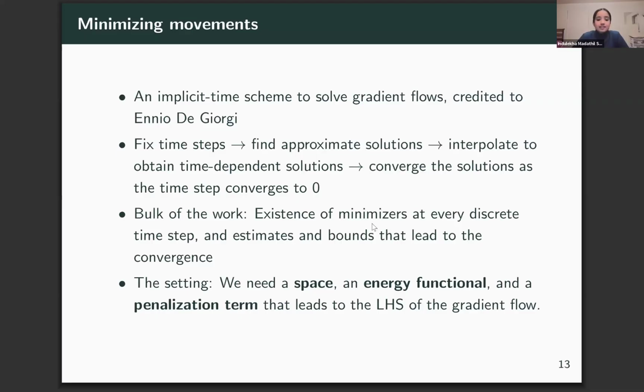So what happens is that, given an initial value of, say, alpha, beta, H, and U, we fix a time step and define an incremental minimization problem depending on that time step that would give us alpha, beta, H, and U at a later time point by minimization of an energy that is dependent on tau, the time step.